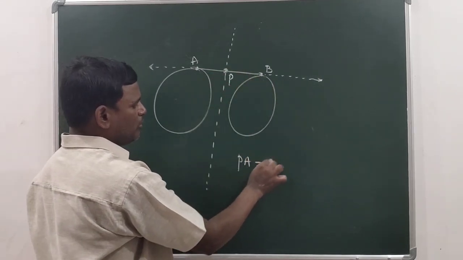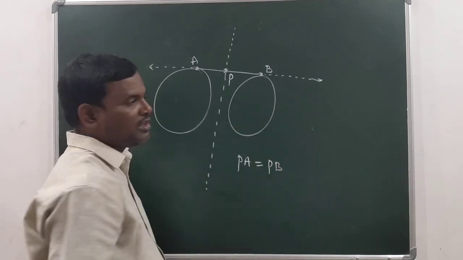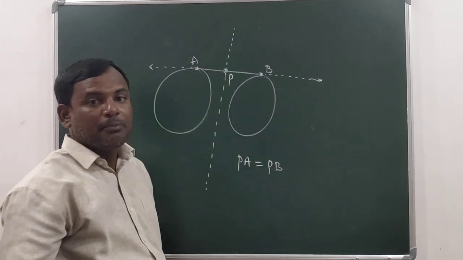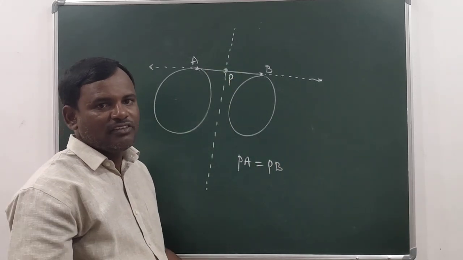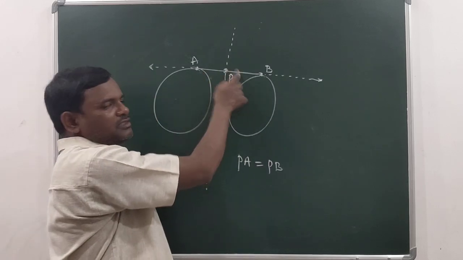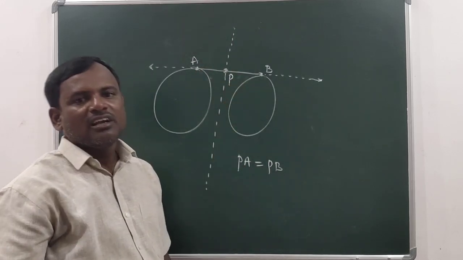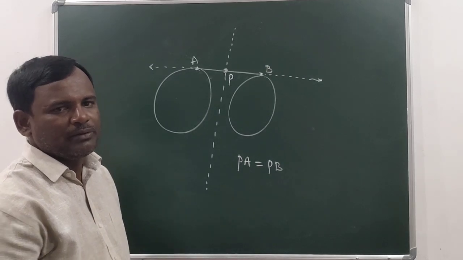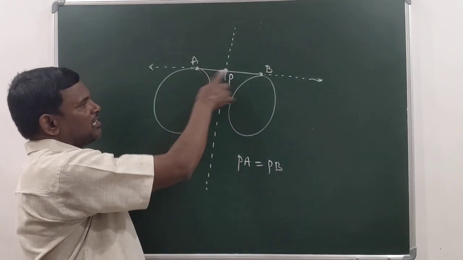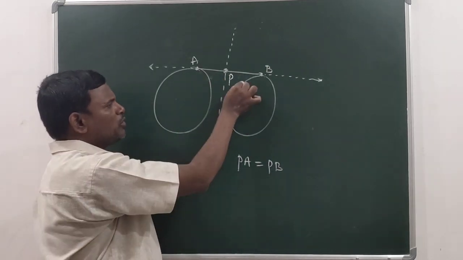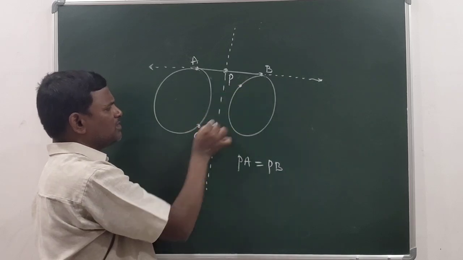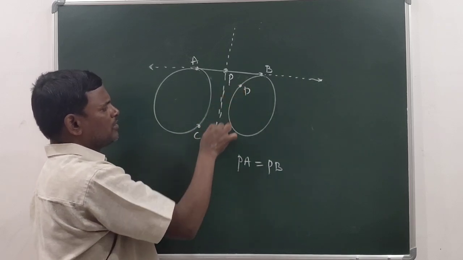That is PA equal to PB. Radical axis bisects means it divides into two equal parts. This radical axis bisects this common tangent, PA equal to PB. Even if this is a direct common tangent, you can take a transverse common tangent also. Let it be CD.